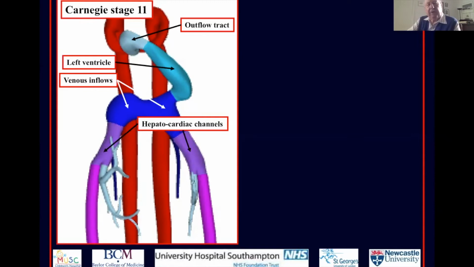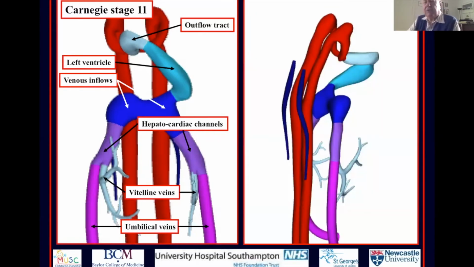So now the vitelline veins and the umbilical veins have come together on each side. There is still symmetry at this stage of development. They are coming together to form the venous inflows. The vitelline veins, the umbilical veins have joined together.